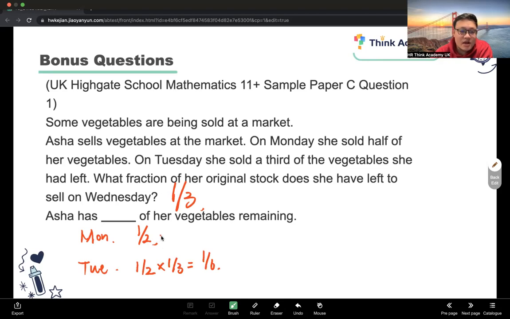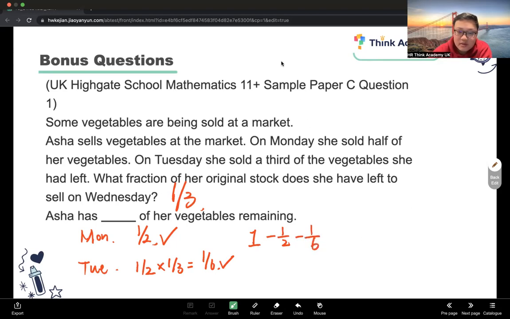So that means on Monday you sold 1/2, on Tuesday you sold 1/6 of all, and then what can be the fraction of the stock she has left to sell on Wednesday? You have to use 1, that means the whole thing, take away a half, and then take away 1/6.